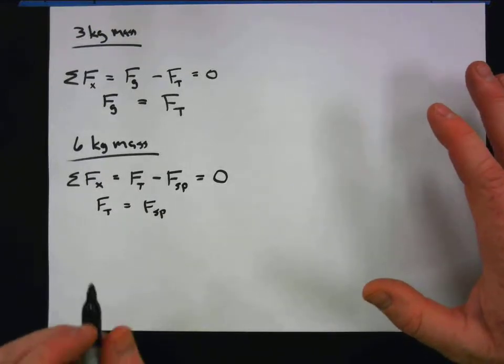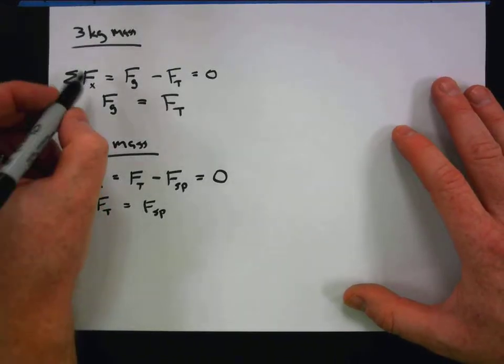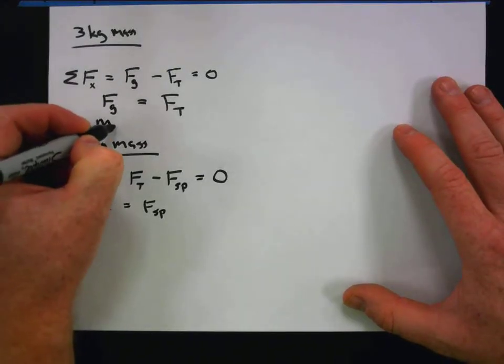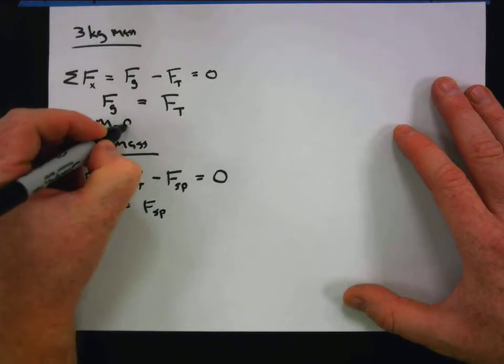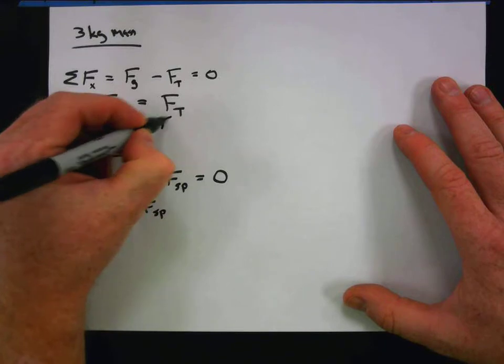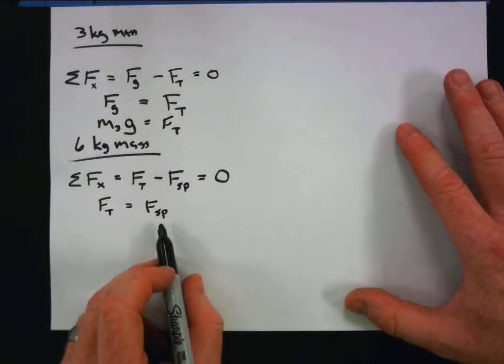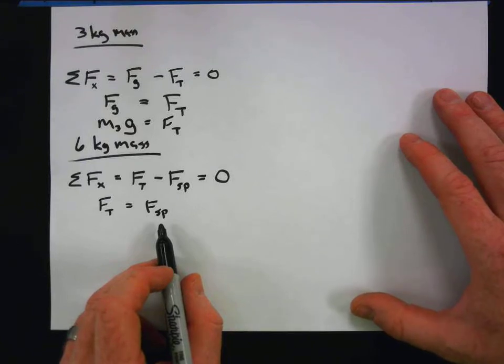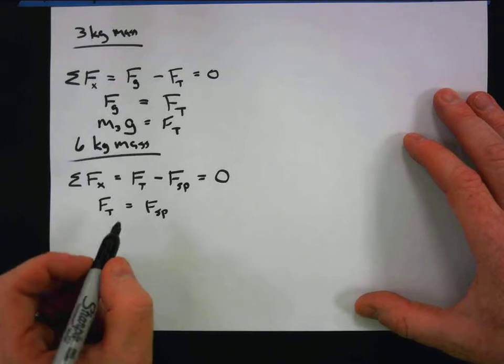Now there's some stuff going on here. The weight of this 3 kilogram block is simply the mass of the 3 kilogram block times gravity, and that's equal to the force of tension. The spring force here, well, Hooke's law says that spring force is equal to negative kx.